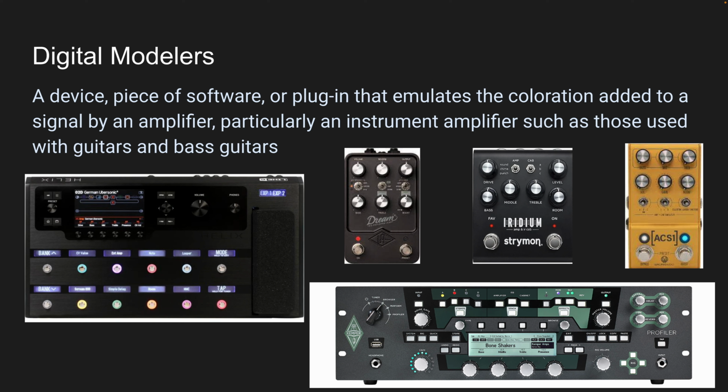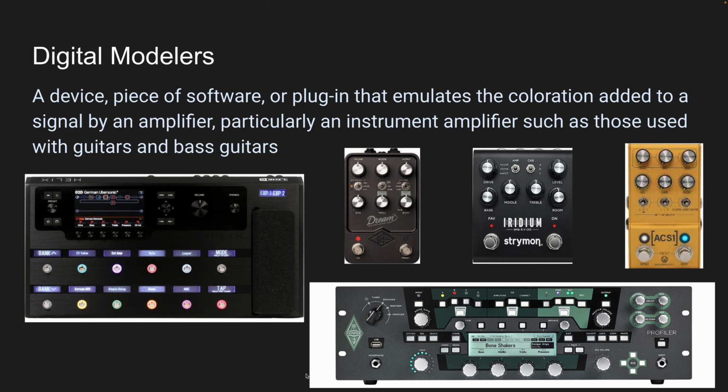So here are the hardware units that are gain based, digital modelers. So digital modeler being a device, piece of software or plugin that emulates the coloration added to a signal by an amplifier, particularly an instrument amplifier, such as those used with guitars and bass guitars.